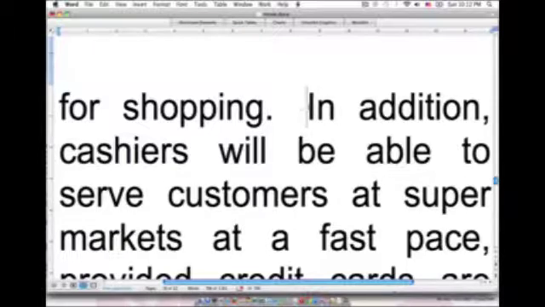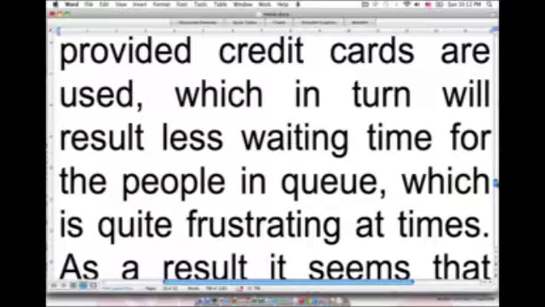"So in addition, cashiers will be able to serve customers at supermarkets at a fast pace, provided credit cards are used, which in turn will result in less waiting time for people in the queue, which is quite frustrating at times." So this sentence is a run-on sentence, and it's difficult to see the link between the example and the discussion. Had the student broken it up into two separate sentences, that would have been better.